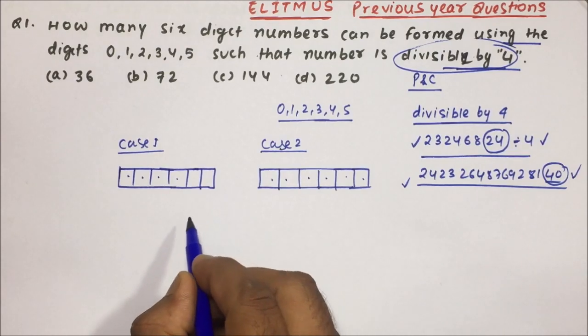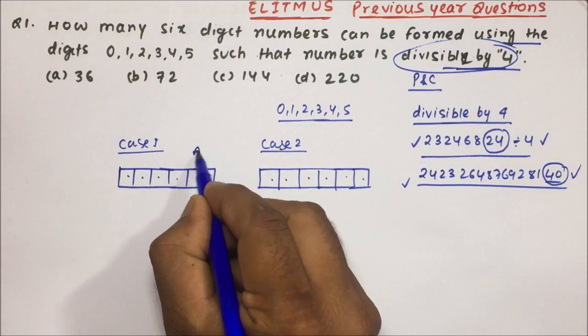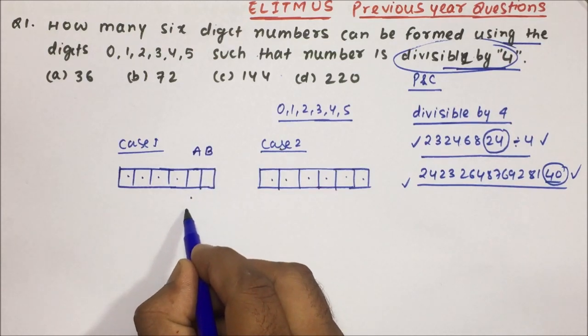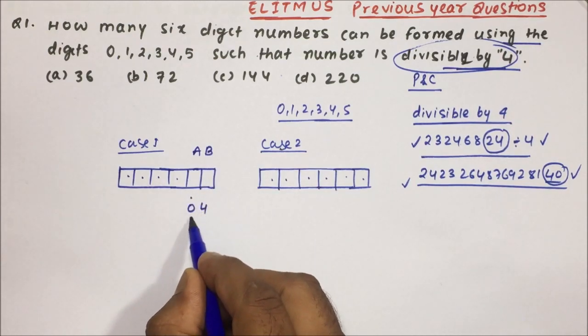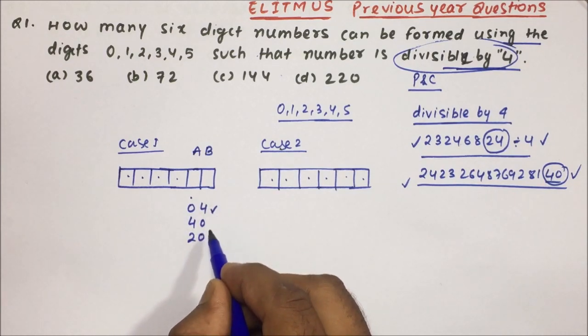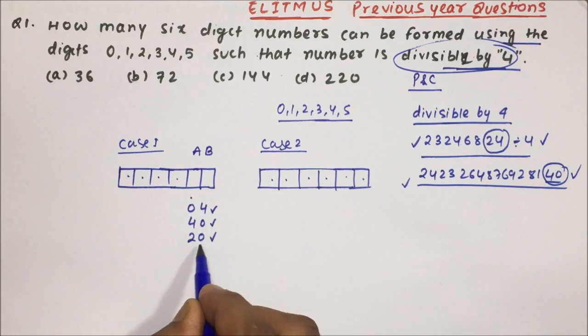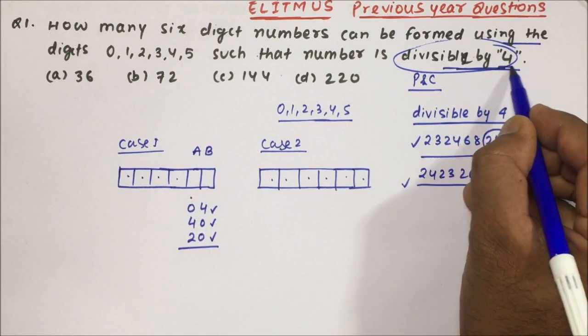Let's take the last two digits first. Suppose they are A and B. Then AB can be 04, 40 and 20. If the 6-digit number ends with 04, 40 or 20, then this 6-digit number will be divisible by 4.